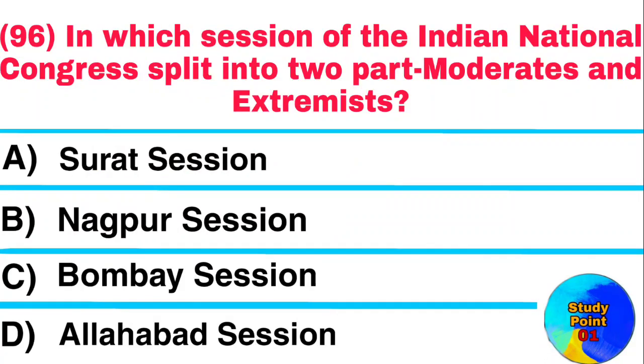Question. In which session did the Indian National Congress split into two parts, moderates and extremists? A. Surat session. B. Nagpur session. C. Bombay session. D. Allahabad session. Answer. Surat session.